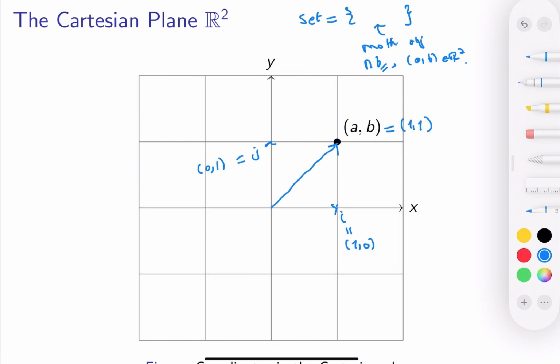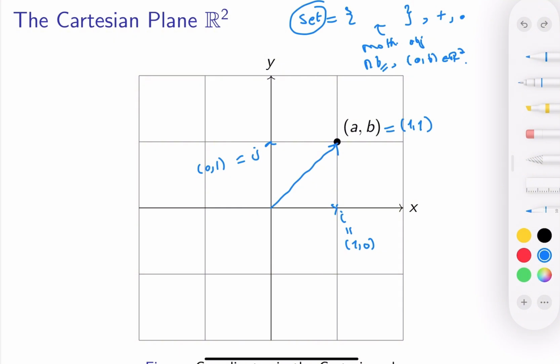For a vector space, like for this set that we equip with an addition and a scalar multiplication, after we equip it with an addition and a multiplication, we get a vector space. And we have a so-called dimension of a vector space, and roughly speaking, it's the number of independent directions you can take in the vector space.